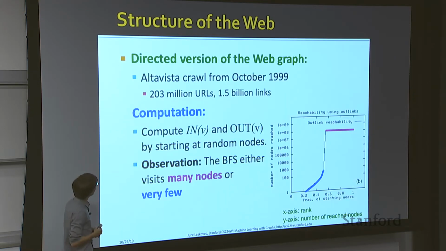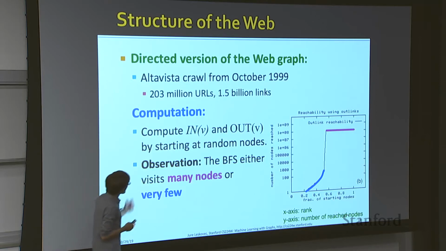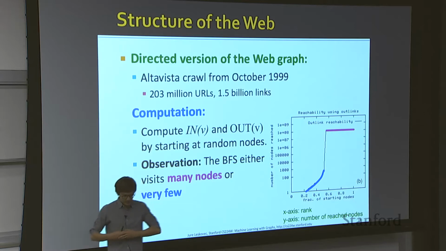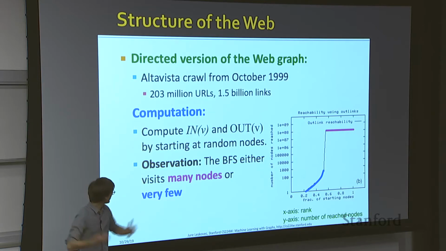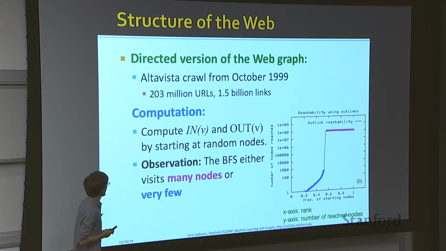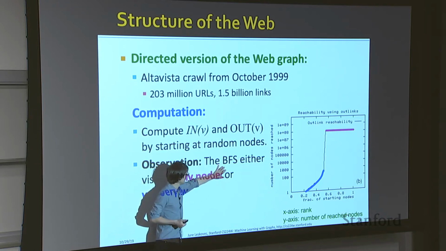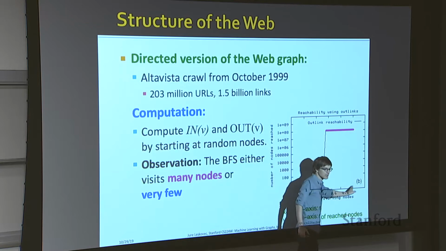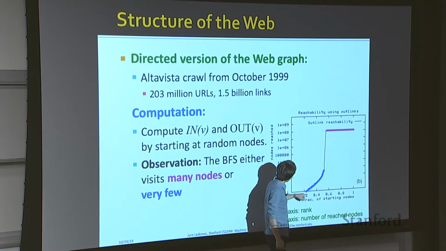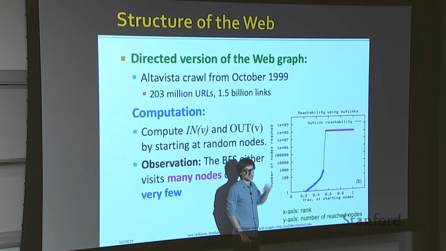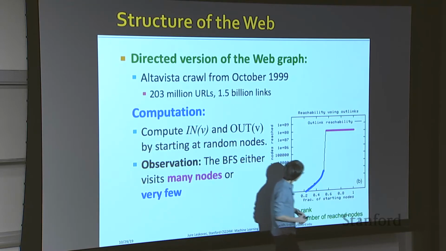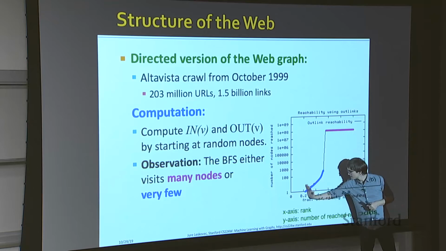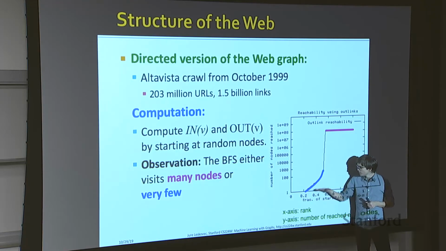Okay, so here is what they find, right? They would pick a couple of nodes and they would run the out BFS and the in BFS. The first thing they observe is, if you take some number of starting nodes, and for every starting node you ask how many other nodes do I visit, you notice that on some nodes you get stuck very quickly.